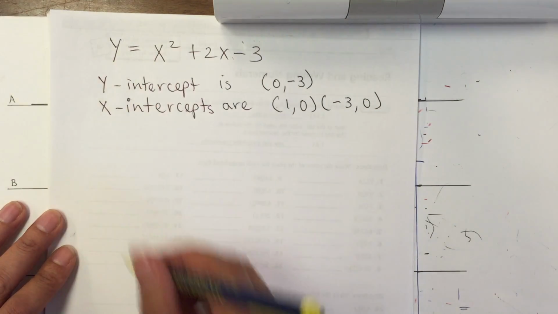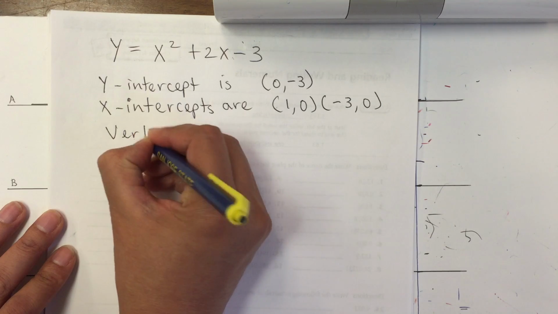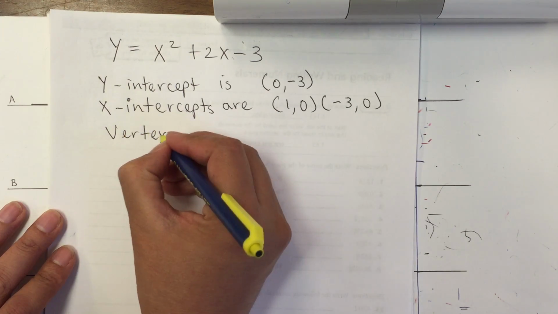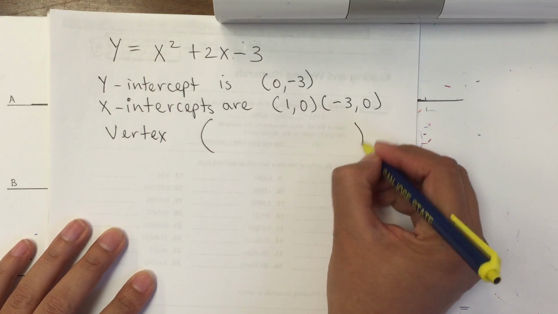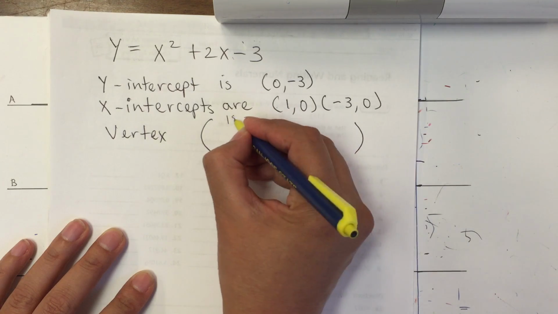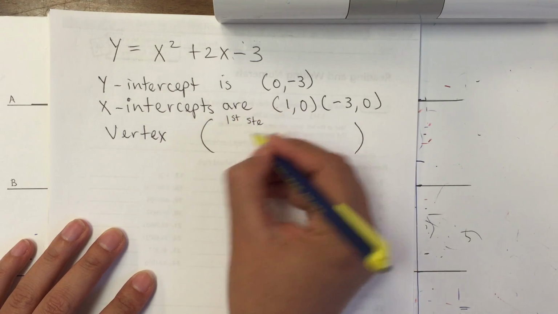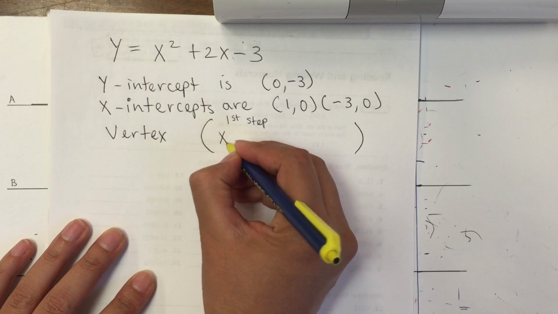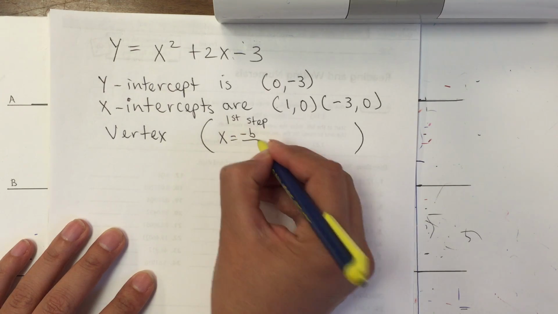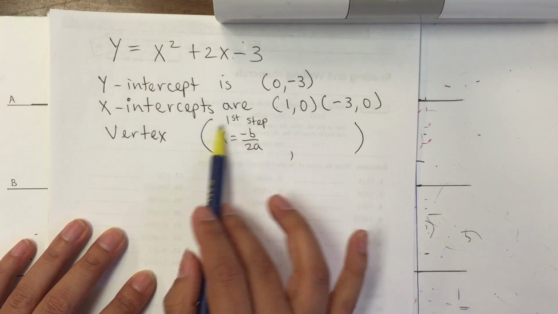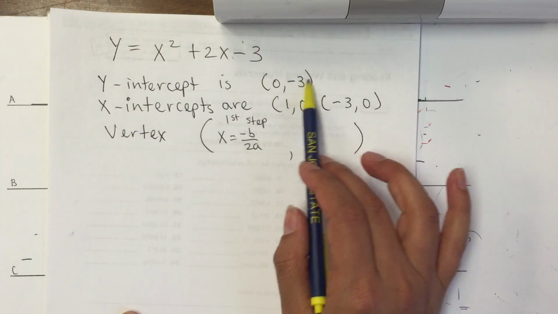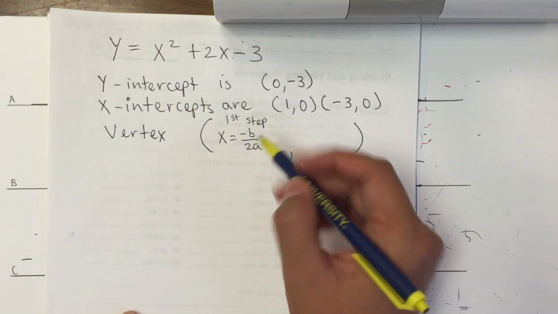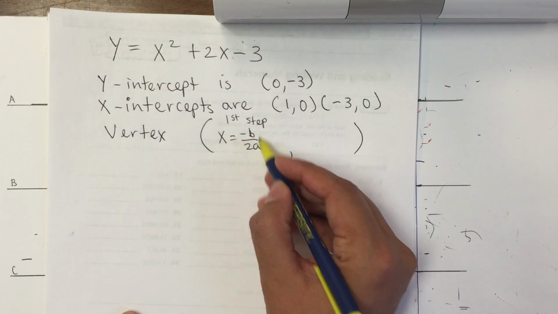And today, you will find the vertex. And there are 2 steps to finding the vertex. The first step is use the formula x equals -b/2a to find x, and notice how I put this as an ordered pair.